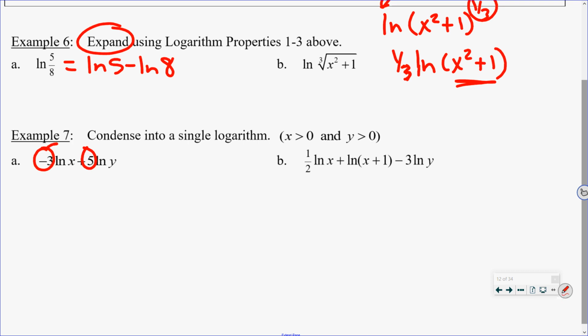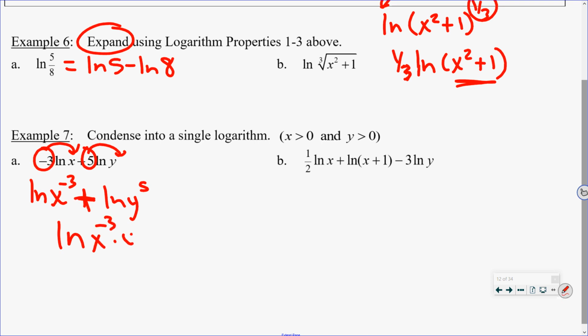So if I move the 3 up there, I would have the ln of x to the -3 plus, and I move the 5 up there, so I'd have the ln of y to the +5. Okay, now since they're added together, and there's no coefficient out in front, now I can combine them. It'd be the ln of, because I'm adding, I'm going to multiply them, x to the -3 times y to the +5. Okay, that's really as far as I can go. I've combined that into a single logarithm.